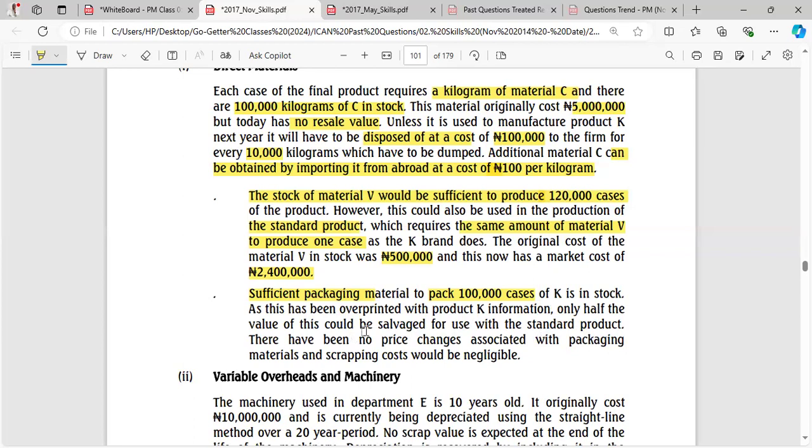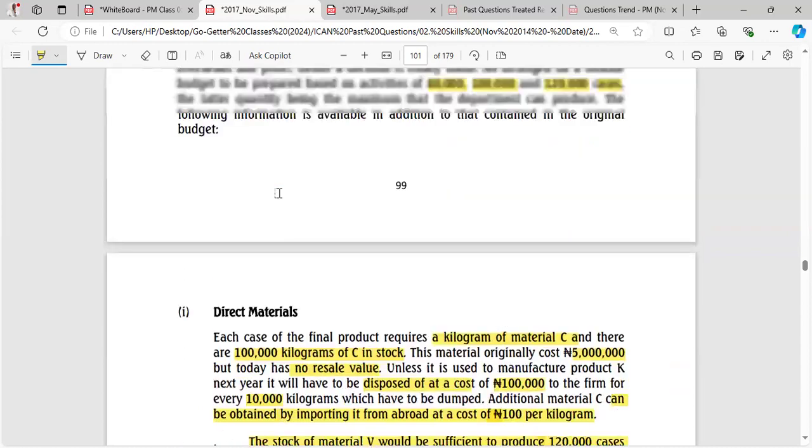Only half the value could be salvaged. And they said there have been no price changes associated with packaging, and scrap cost will be negligible. So the first thing we'll do is, what is the packaging cost?